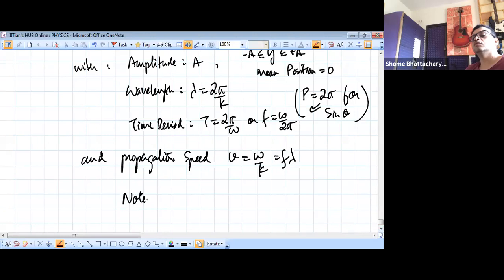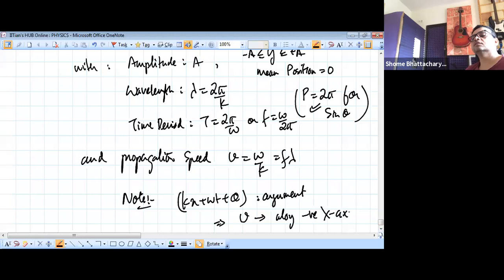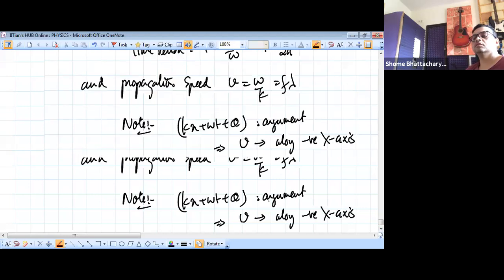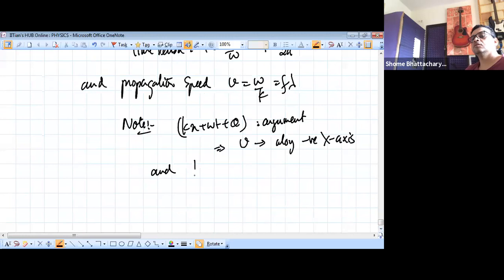So note: (kx plus omega t plus phi) being the argument implies that the propagation velocity is along the negative x-axis, and (kx minus omega t plus phi) being the argument implies that v is along the positive x-axis.